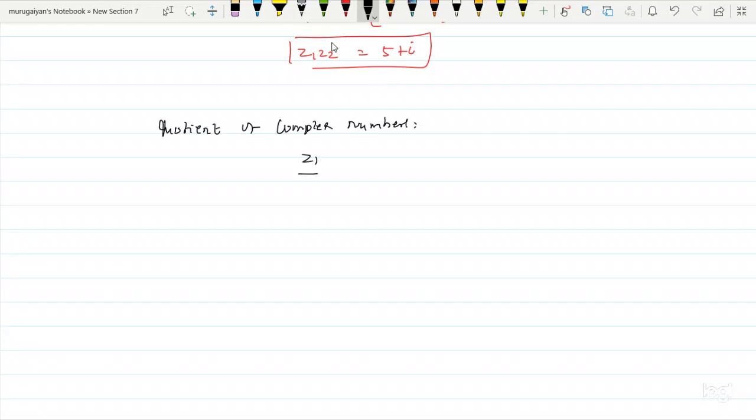Z1 by Z2 is equal to x1 plus iy1 by x2 plus iy2.